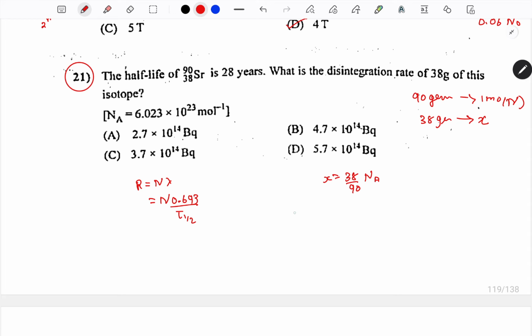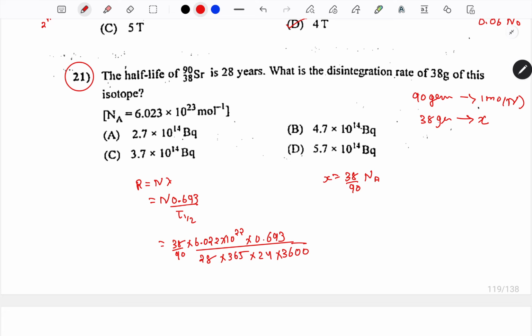On putting this value in this equation, 38 by 90 into 0.022 into 10 to the power 22, multiplied by 0.693, divided by the total time of 28 years, that is 28 years times 365 days multiplied by 24 hours multiplied by 3600 seconds.